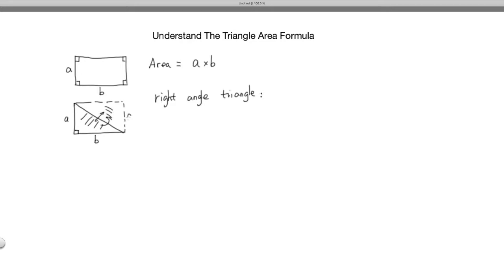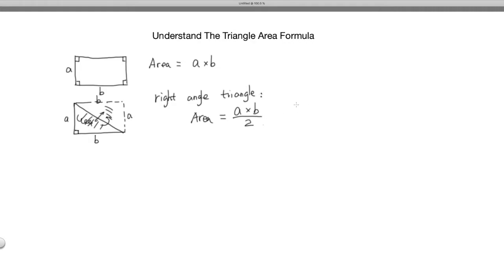This is A and this is B, and this makes a rectangle. From this rectangle, we know that the whole area equals A times B unit squares. So the right angle triangle area is half of this rectangle, so A times B divided by 2.